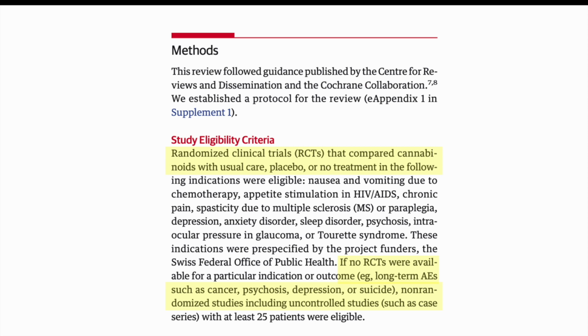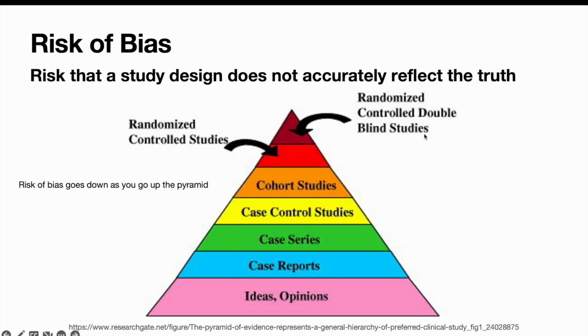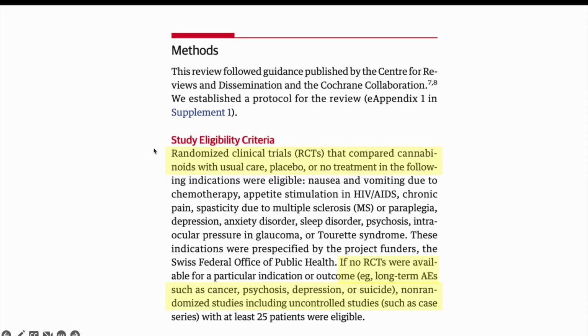So we found our systematic review, and we want to see the types of studies that are in the systematic review that we are looking at. And remember, the top of our pyramid here are RCTs. And right here, the study eligibility criteria, RCTs, right? They are comparing cannabinoids with usual care, placebo, or no treatment.